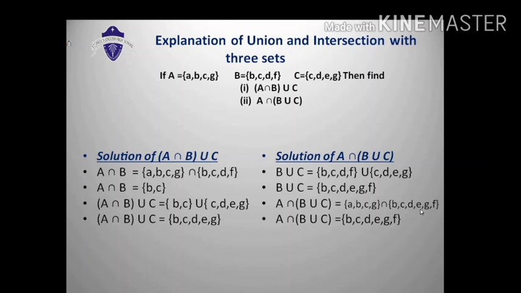Now in the final step, that is equal to B, C. So dear class, this is the complete method to find the union and intersection between the three sets.